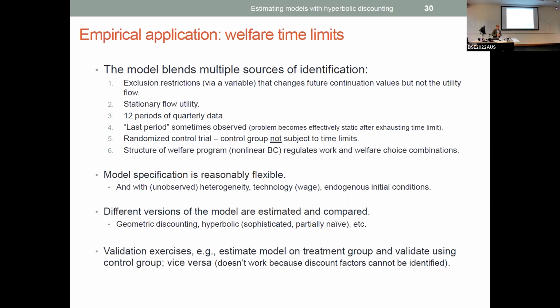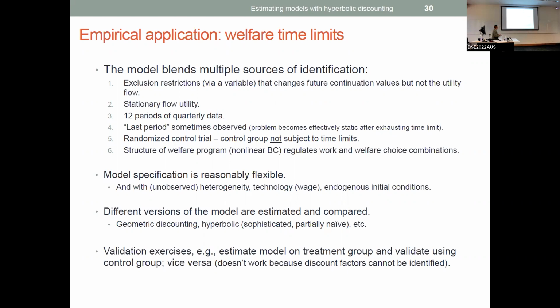So these are not proven rigorously, but that's how the intuition goes. There's also the structure of the welfare program, with nonlinear budget constraints that regulate work and welfare choice combinations. So this is another implicit source of identification that helps the modeler.